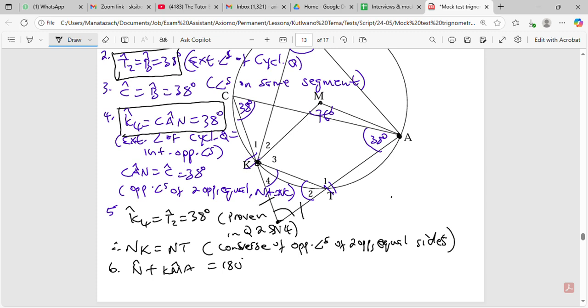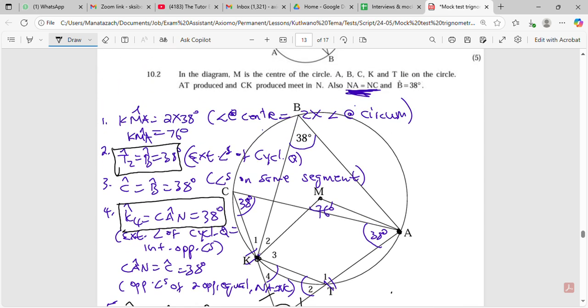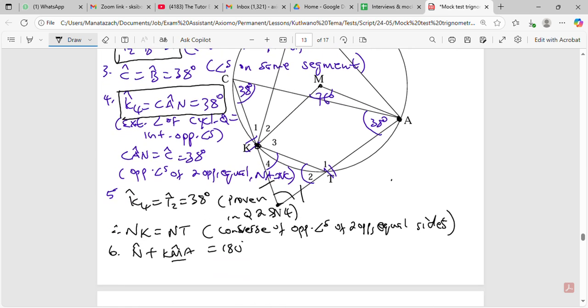Okay, we know about KMA. We've proven it under question 1. Do you recall? We found that it's 76 degrees. Now let's calculate angle N. We don't have angle N. We can use the triangle NKT.